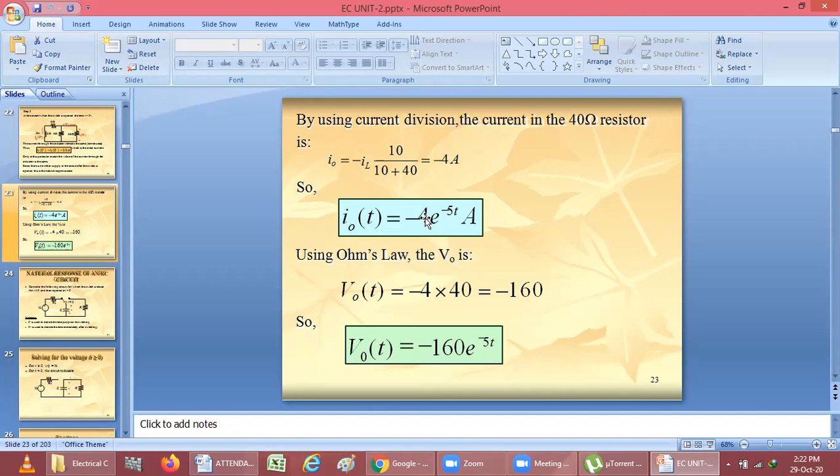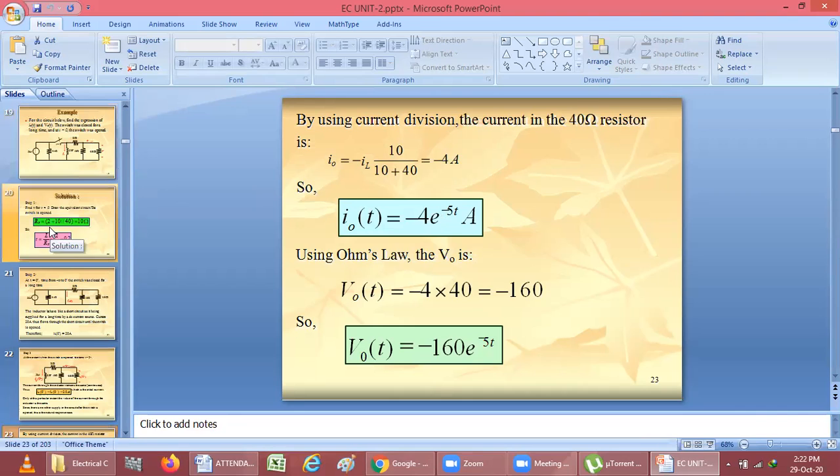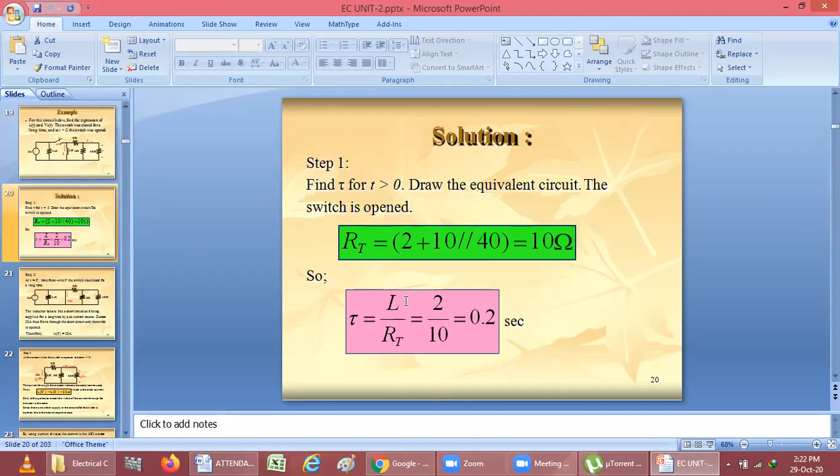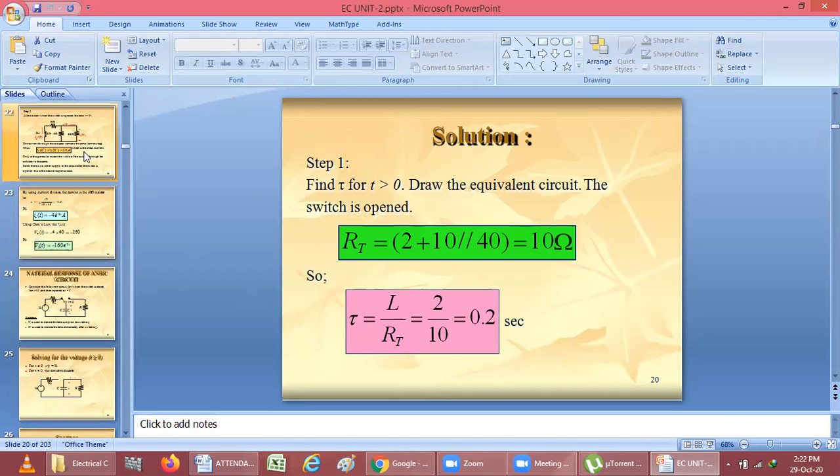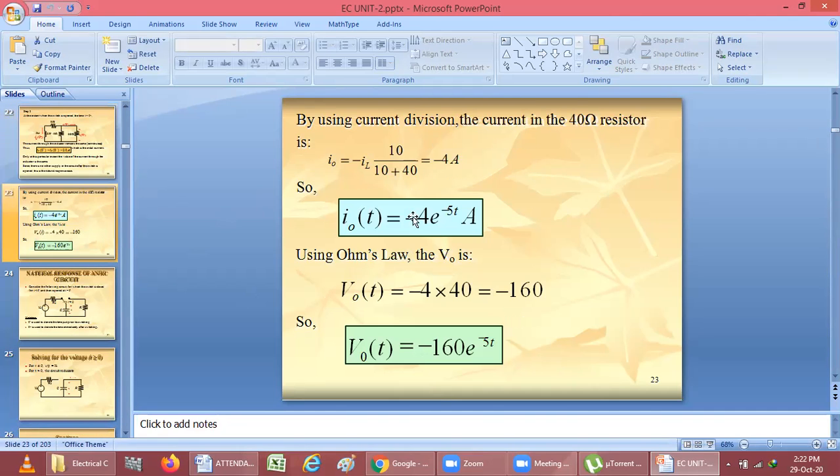You can write that as t by tau, and the value of tau we derived is 0.2. So 1 upon 0.2 will be 5. So you can write here e to the power minus 5t. That will be the equation for current flowing because of the inductor as well as the resistor.